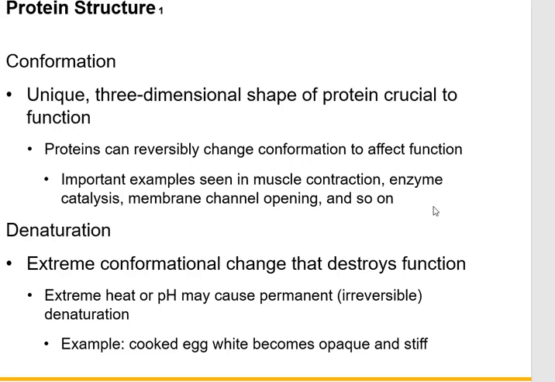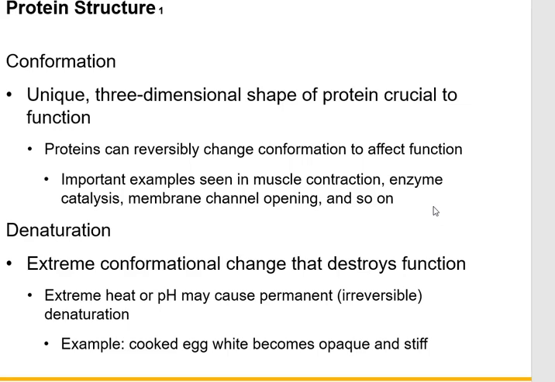A lot of proteins can change their shape to do their job, but they're not denatured. So enzymes are a classic example because they have to flex to pull molecules apart, or they flex to push molecules together, depending on if you're doing catabolism or anabolism.